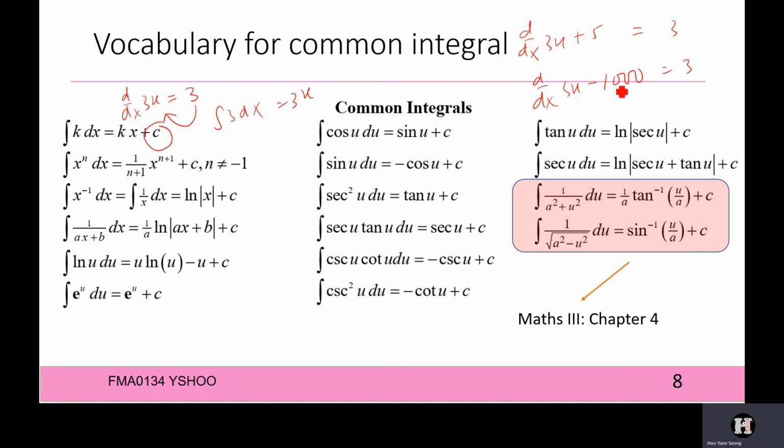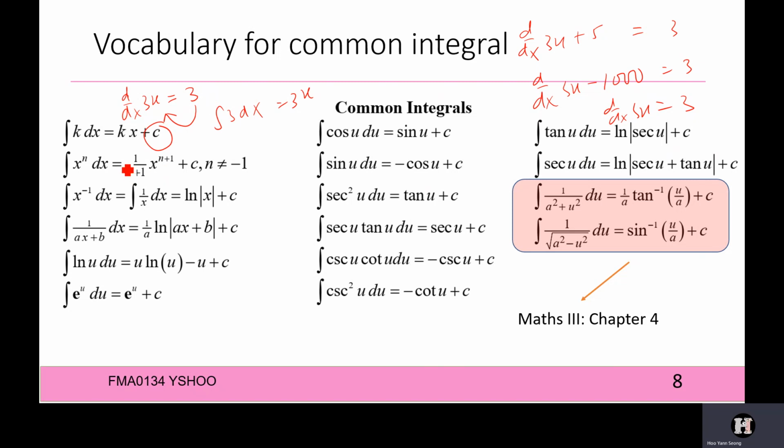Even if we only differentiate 3x, we also get 3. So we can't identify whether the constant value is there or not unless people give you other information. If not, then by default we have to add plus c back into it.